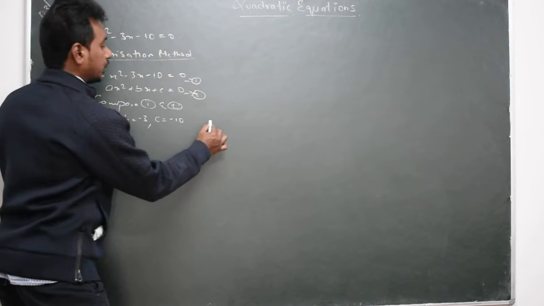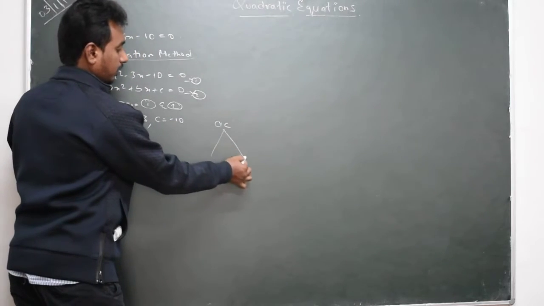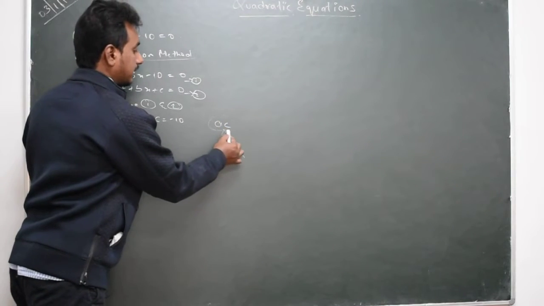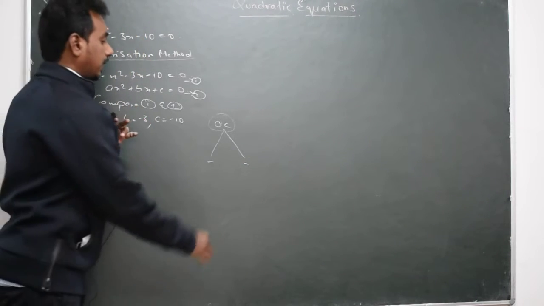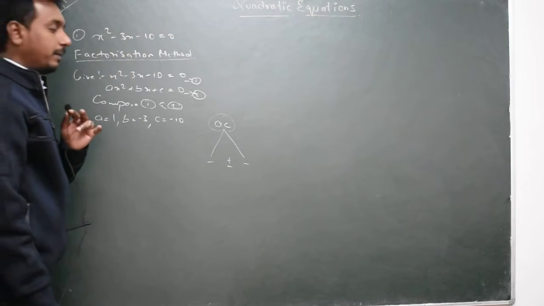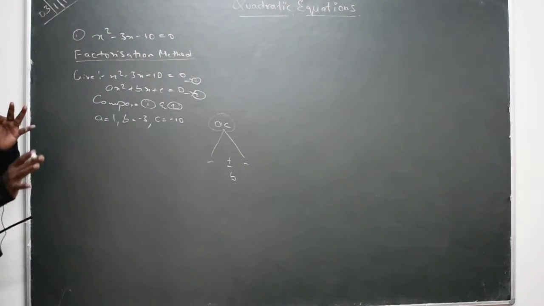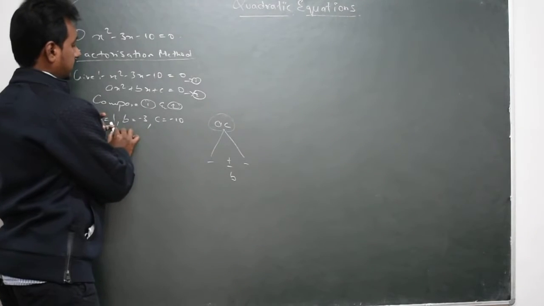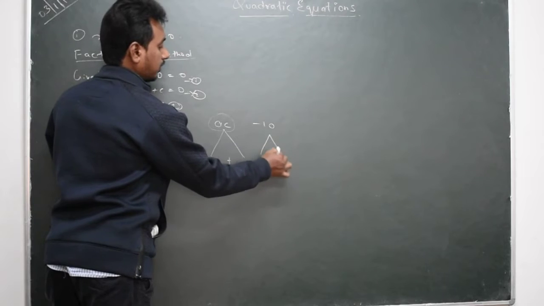You should take AC, multiply AC. You should take two factors for the number that comes in AC, in such a way that either their sum or their subtraction will be equal to B. What is AC? 1 into minus 10 is minus 10.